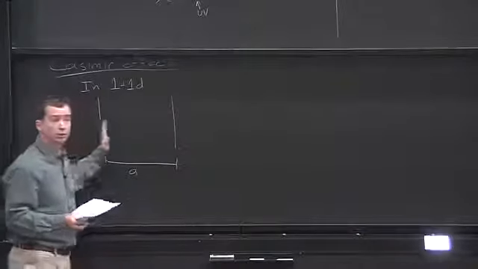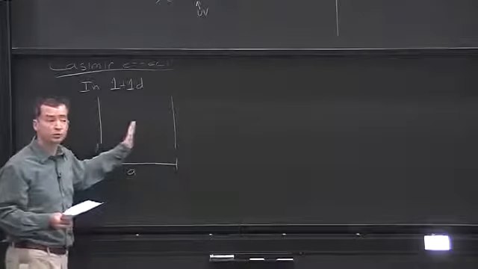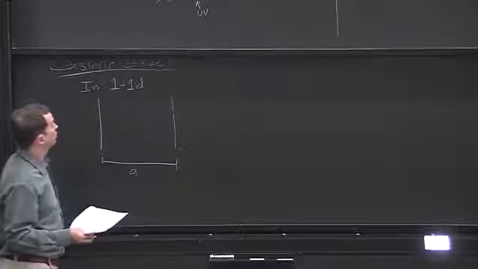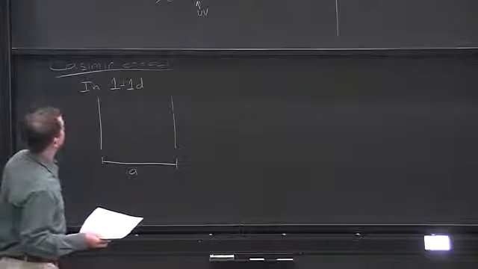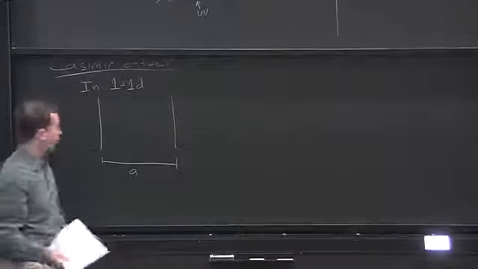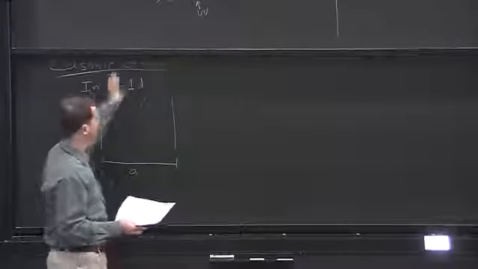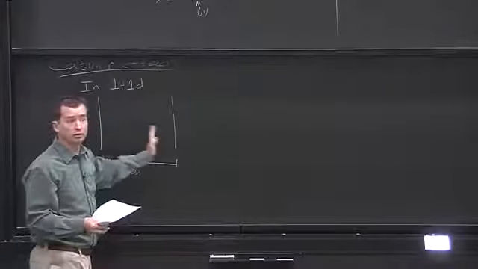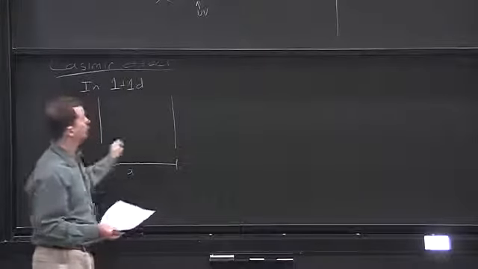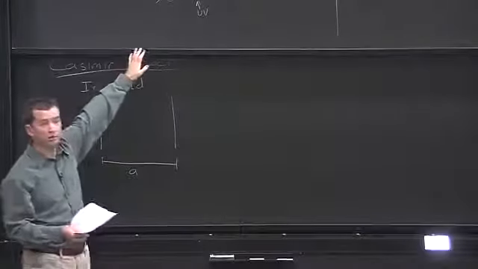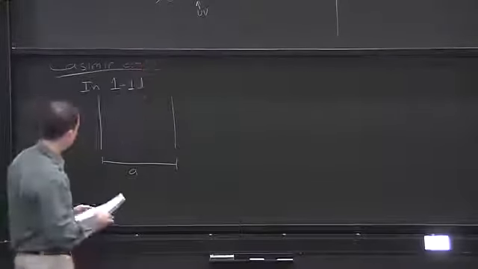Then these plates will constrain the allowed modes. And so if we computed the ground state energy in this case, we wouldn't have an integral because not all wavelengths would be allowed due to the presence of the plates. So we'd have a sum over the allowed modes.